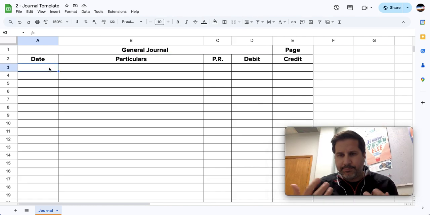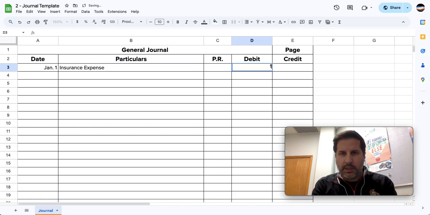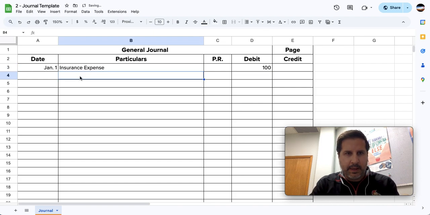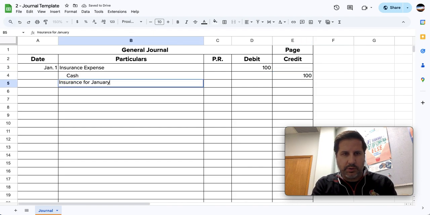Let's say I pay insurance at the beginning of the month. So on January 1st, I would have an insurance expense, and it's $100 is what we said, and I'd pay $100 cash for it. Right, so insurance for January.